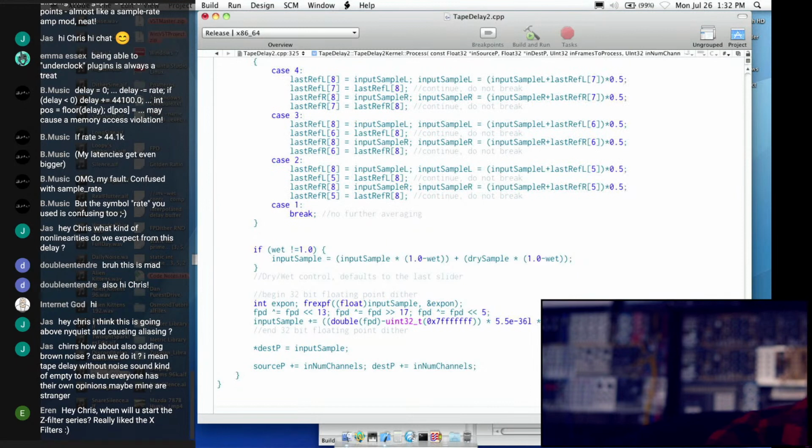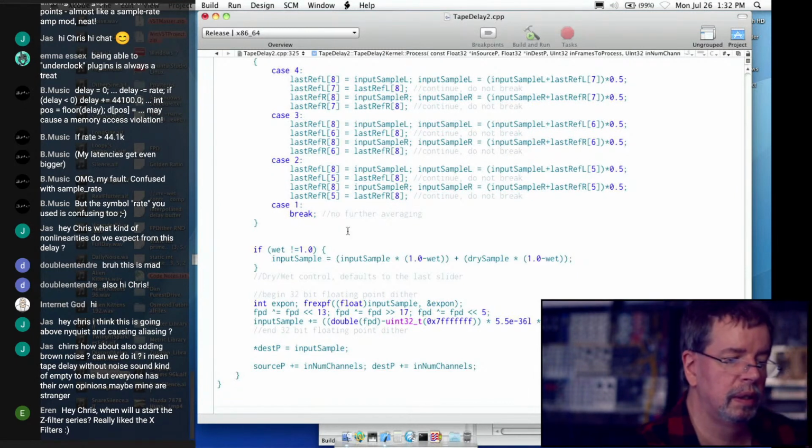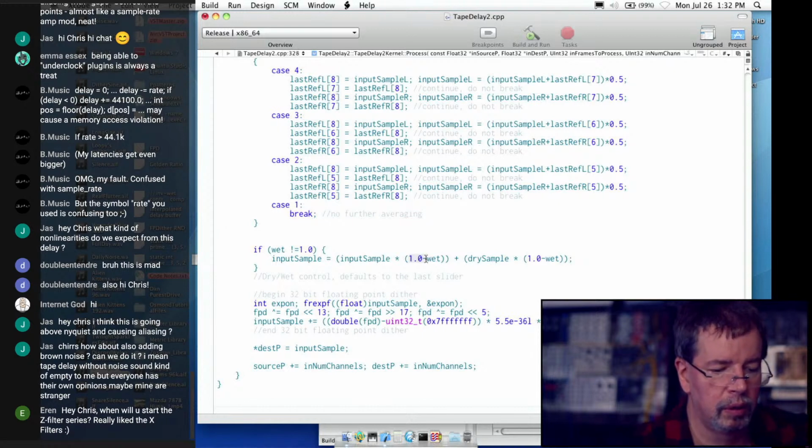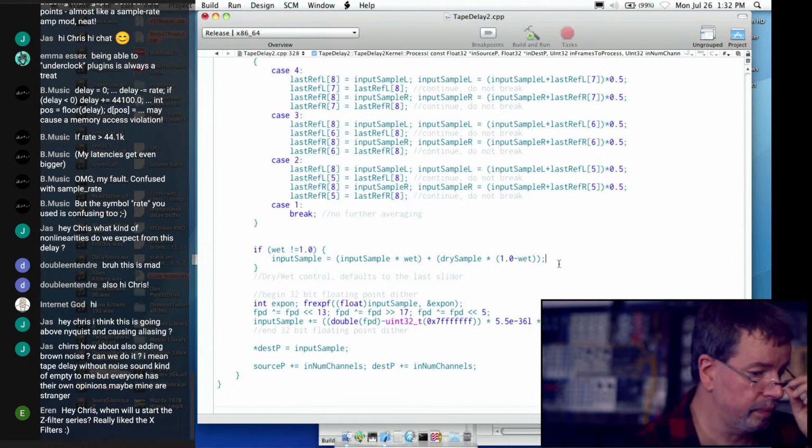I am going to have to figure out why it was doing that thing. Oh, look at that. That's weird. That's not supposed to be there. That's what that's supposed to look like.